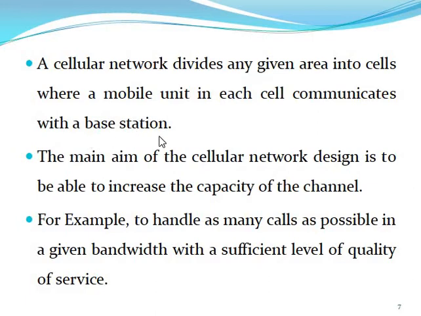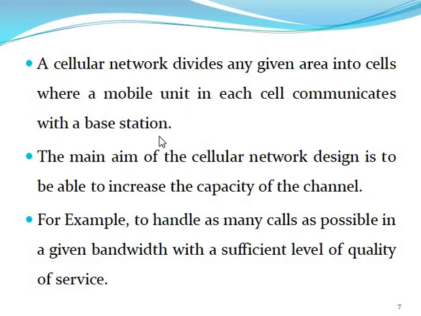You create one base station, and the base station covers a number of cells. Each cell directly communicates with a mobile unit. The signal is passed to the cell, and then from the cell to the base station. So it is easy to communicate with each other in wireless mobile computing.